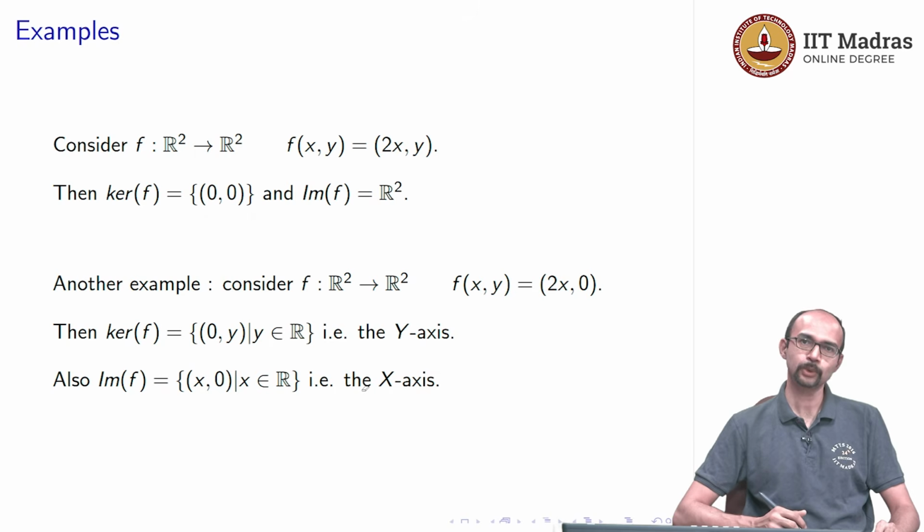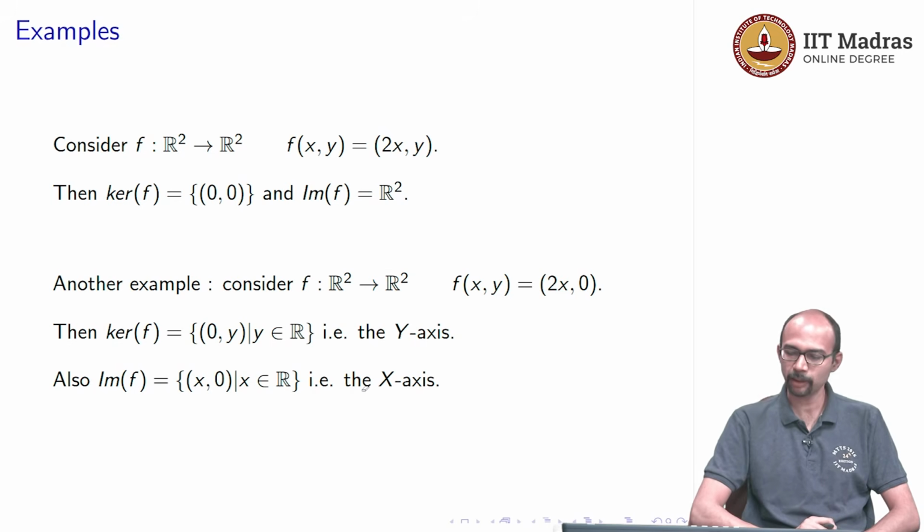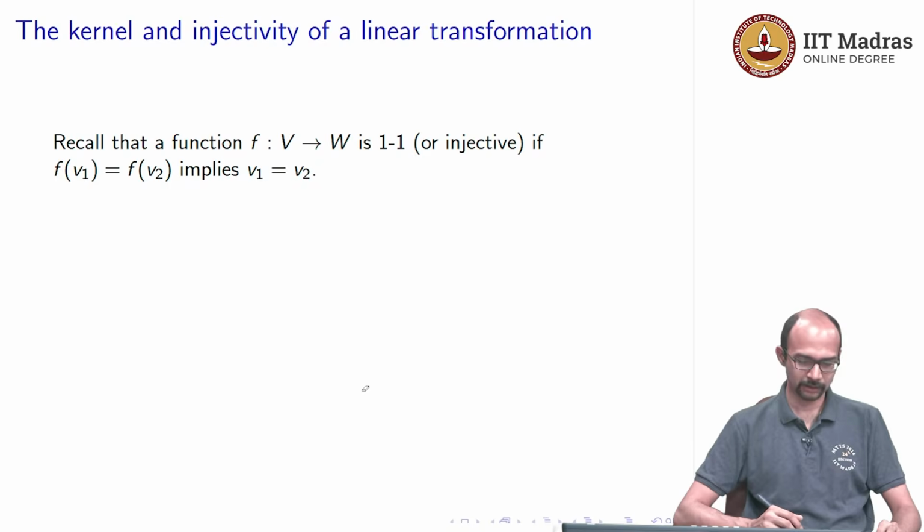So, you get the equation u is 2x, which if you solve you get x is u/2, which means if you put (x, y) equal to (u/2, 0), then the image of that element f(x, y) is (u, 0). So, you get that every vector on the x axis is indeed in the image, and we already saw that the image is contained in the x axis. That means the image is equal to the x axis.